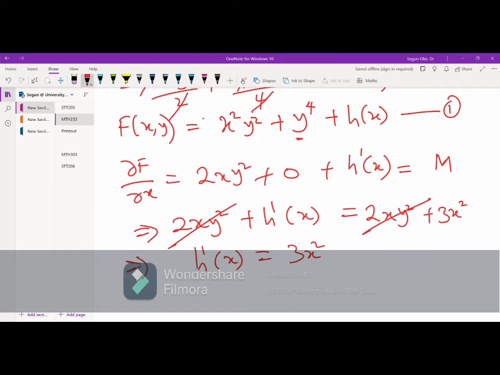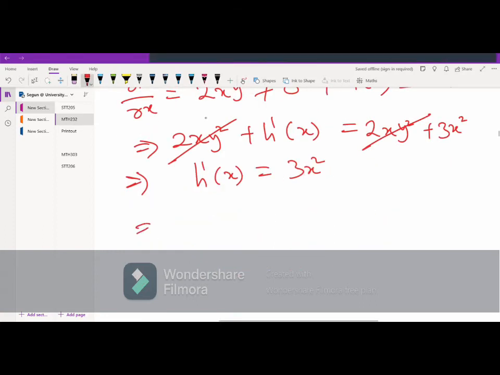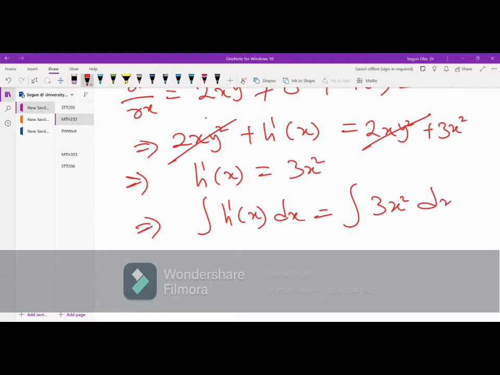I need h of x. I don't need h prime. So how do I get it? H of x will be what? Integral of h prime of x dx equals to integral of 3x squared dx.